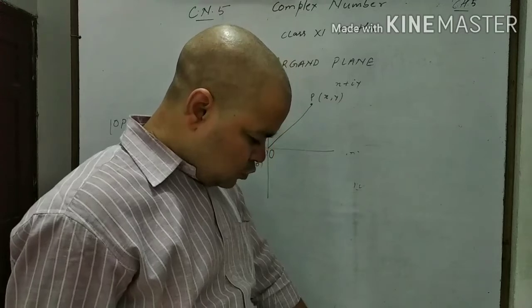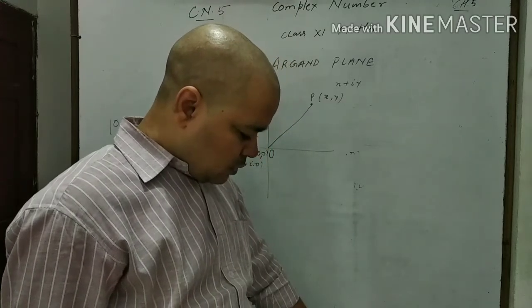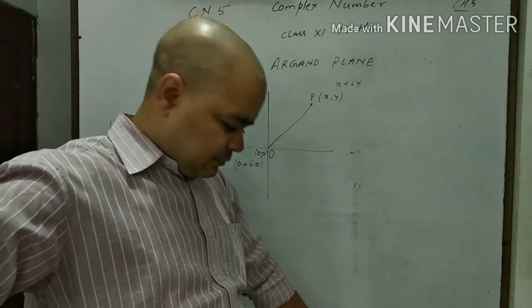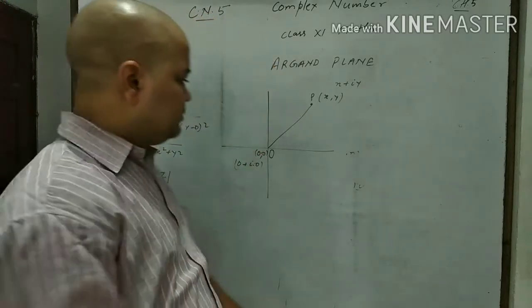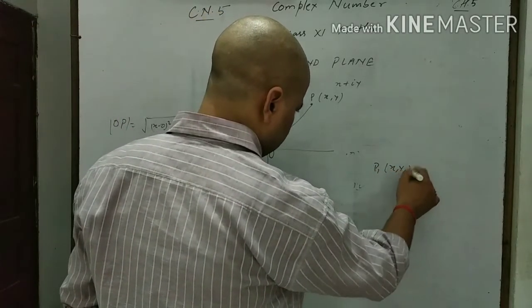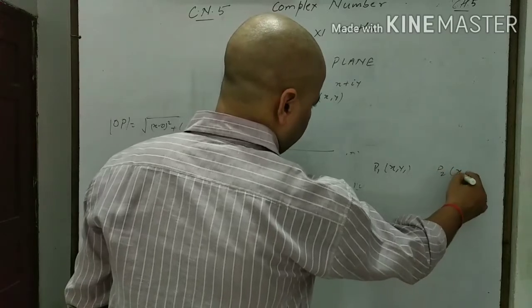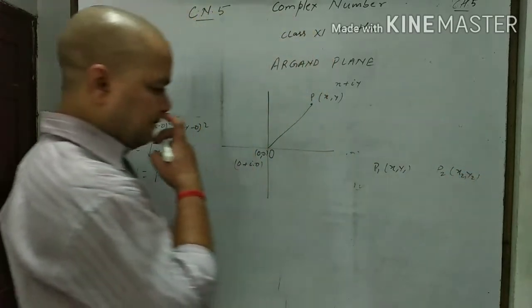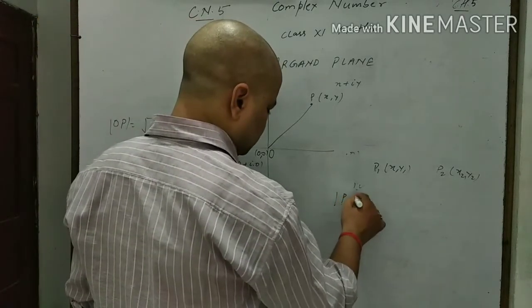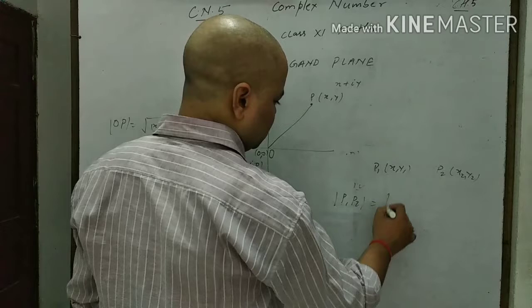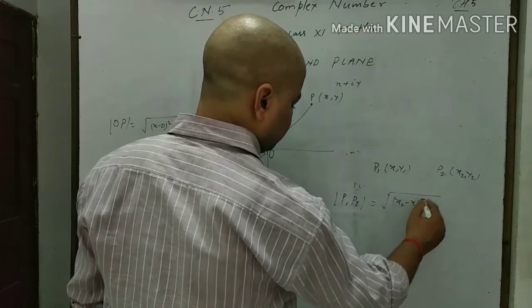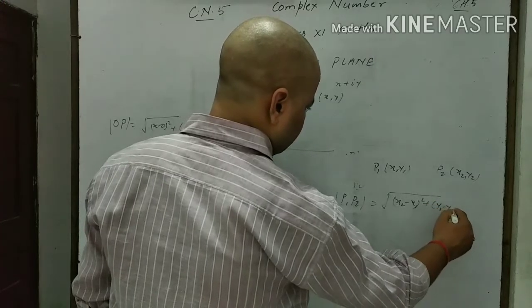Okay. In this way, the distance between two coordinate points we can also find. If we have two points, P1 that is (x1, y1), and another point P2 that is (x2, y2), then the distance between these two points P1 and P2 is equal to under root (x2 minus x1) whole square plus (y2 minus y1) whole square.